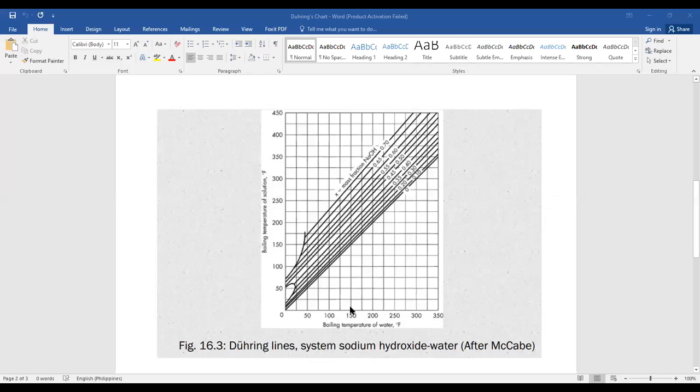So I'll go to the Dühring chart. 124. So recall that 124. So 100. This is 150. This is 125. So a little at the back of 125. So that's 124 for a percentage solids composition of 0.5. So the 0.5 class is this. I'd like to increase the view.